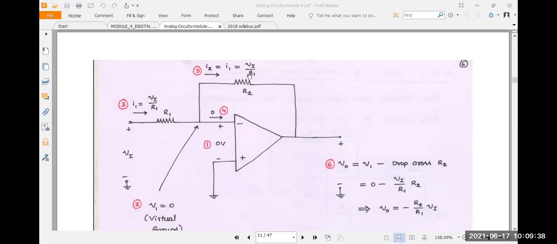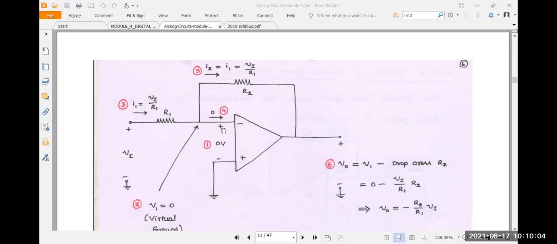So the current across R2 is Vi divided by R1. The same current is flowing because the current divides at terminal number 1: some of the current goes to the op amp, some goes to R2. So the same current flows from R1 to R2, when I2 is equal to I1.